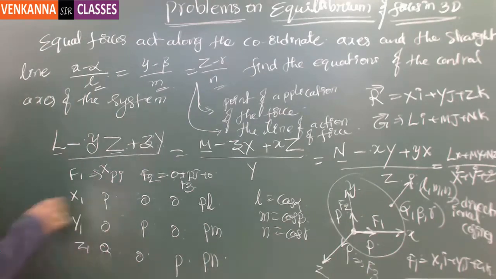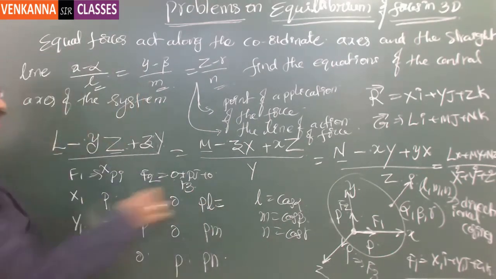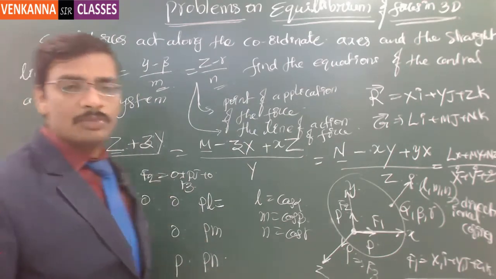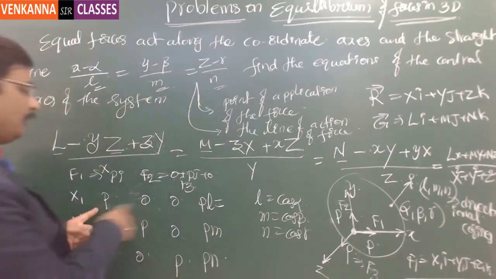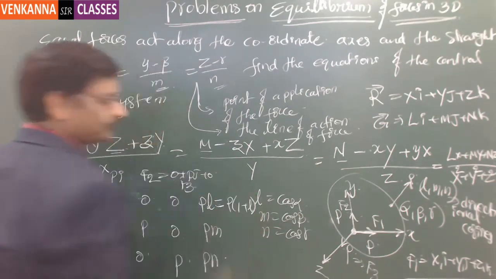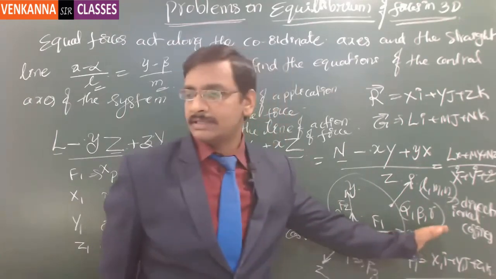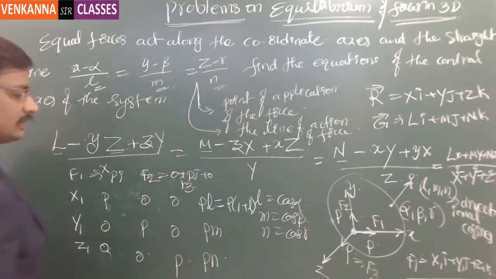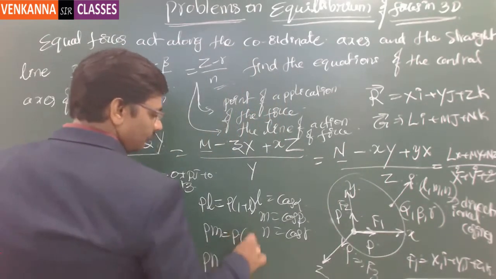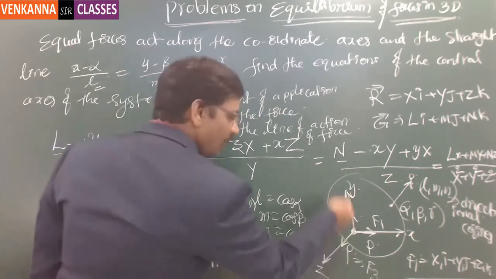Now, the sigma of all these things, the sum of all these, is going to give you the horizontal components of the force. That means P plus PL, that is P into 1 plus L, is the component of all the forces together along the x-axis. Similarly, P times 1 plus M is the component of all the forces together along the y-axis.